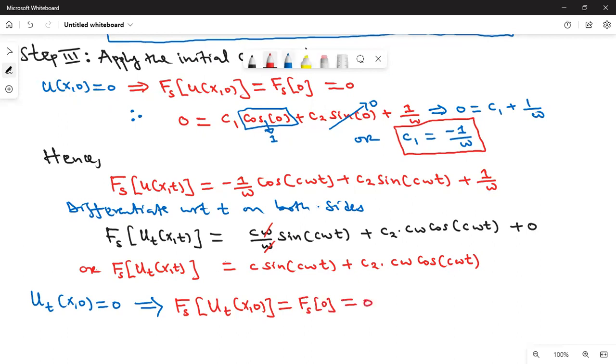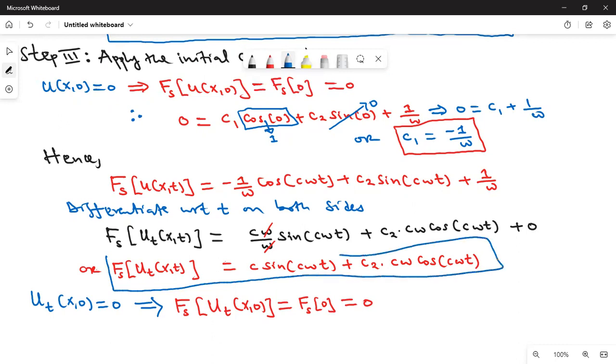So that means that in this equation, the one that I am bracketing, if I substitute t is equal to 0, I need to get that transform to be 0 on the left-hand side.